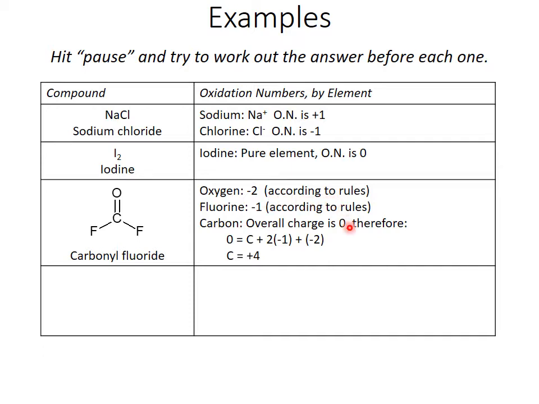The overall charge on this molecule is 0. It is neutral. Therefore, the sum of all the formal charges must be 0, and this lets us work out what carbon must be. So we say that 0 equals carbon plus 2 times -1 to account for the fluorines, and plus a -2 for the oxygen. If you crunch those numbers down, you find that carbon is carrying an oxidation number of +4.